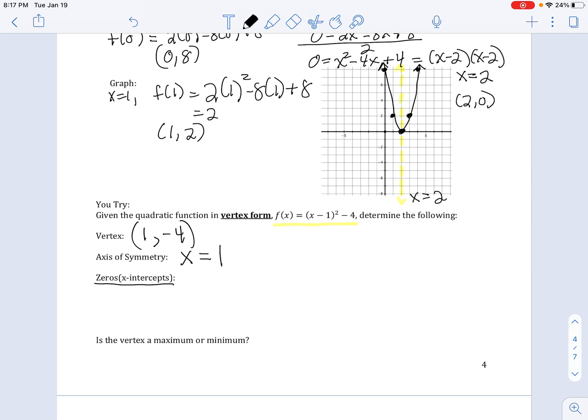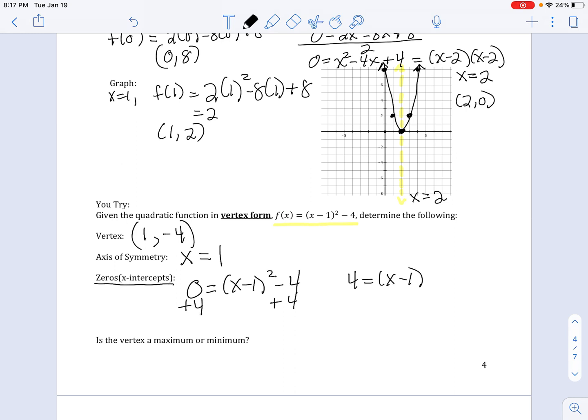My zeros, my x-intercepts, well, that means I have to write the equation equal to 0. So 0 equals x minus 1 squared minus 4. How do I solve that? Well, we did that in objective 1. Solve by square rooting. Okay, so I'm going to add 4 to both sides.